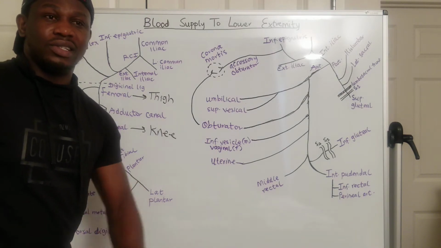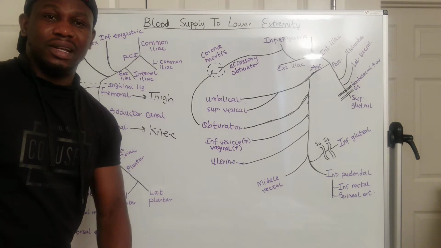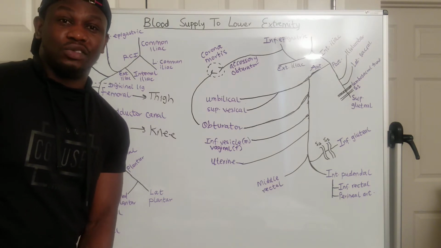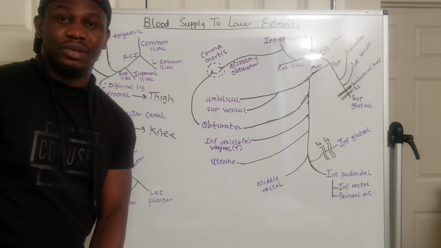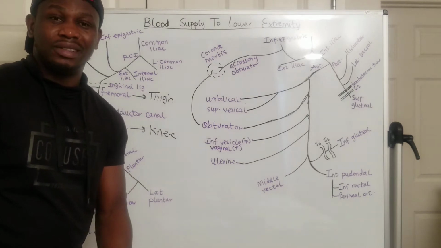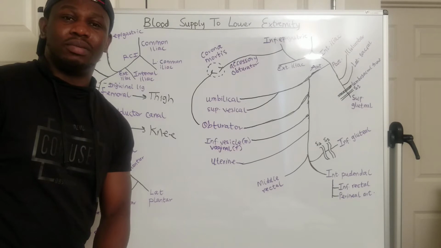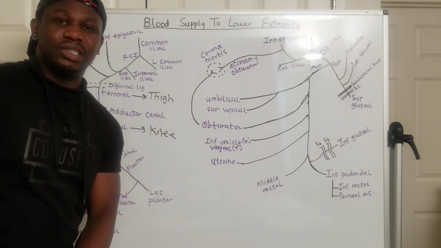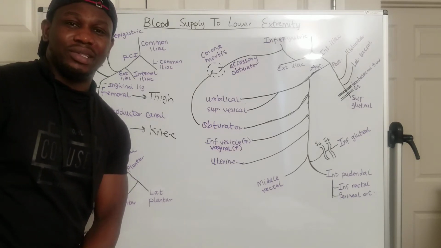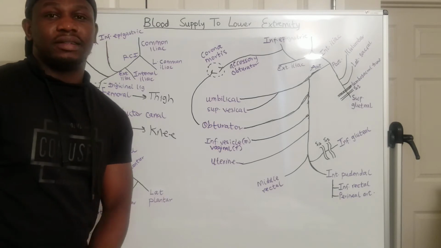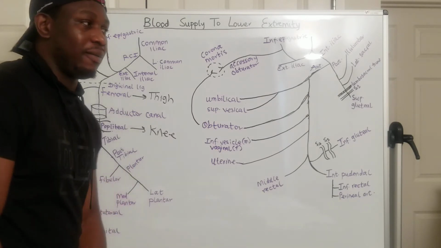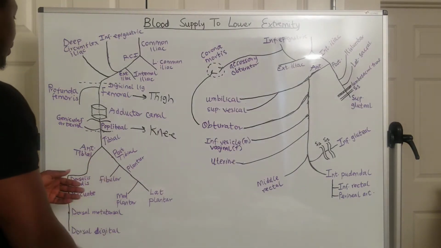If there is a problem with the vastus medialis or vastus lateralis, or a fracture in that region, the blood supply there is provided by the femoral artery.